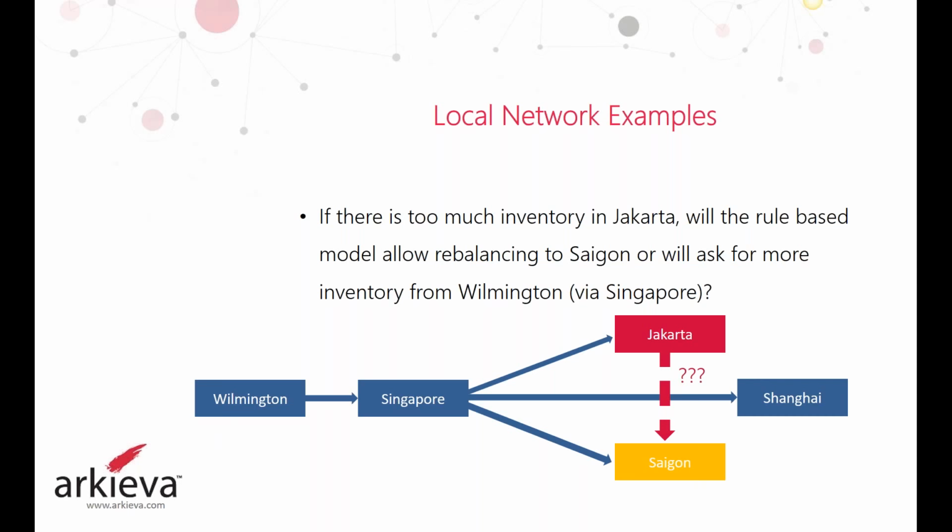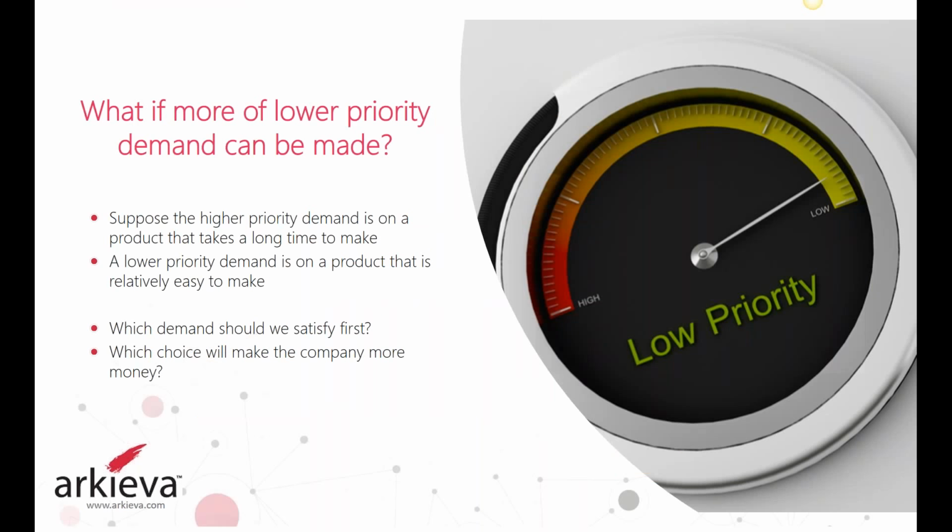Sometimes these rule-based systems, because they follow a particular sequence, can be limited in how they manage that. This is not to say that they cannot be tweaked to follow the new rule, but you can sometimes get into a mode where you are constantly adding more and more rules. If you find yourself in that situation, you might say the rule-based system is not going to be good enough for me. Let's look at another example.